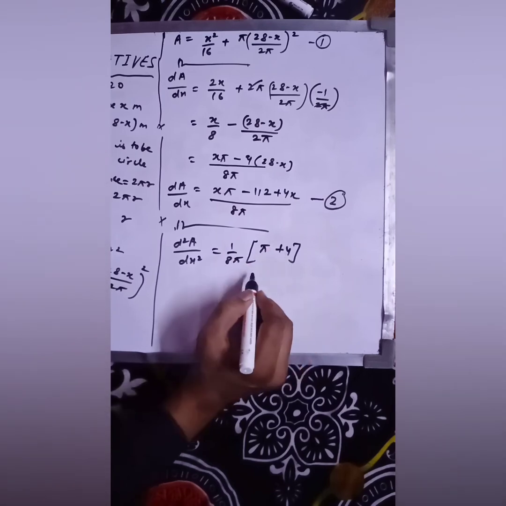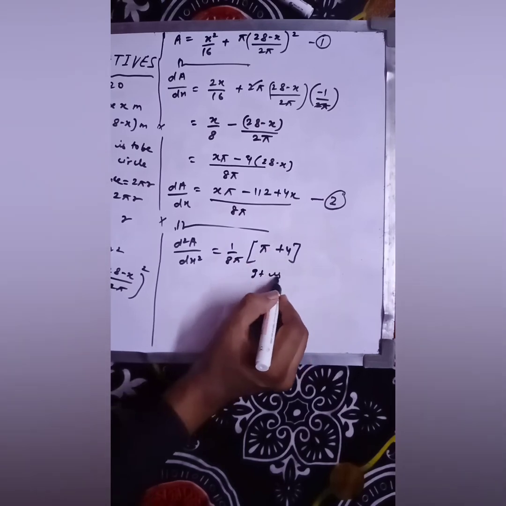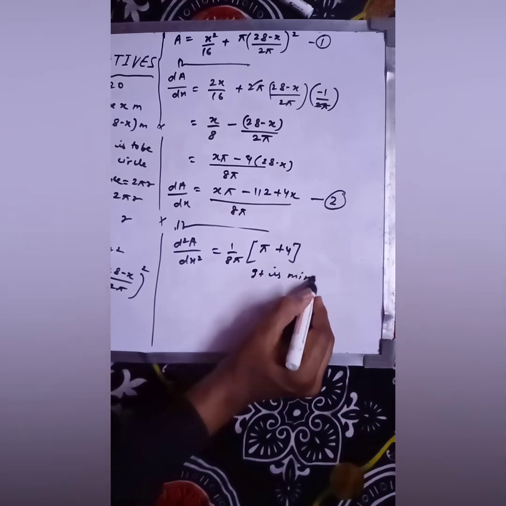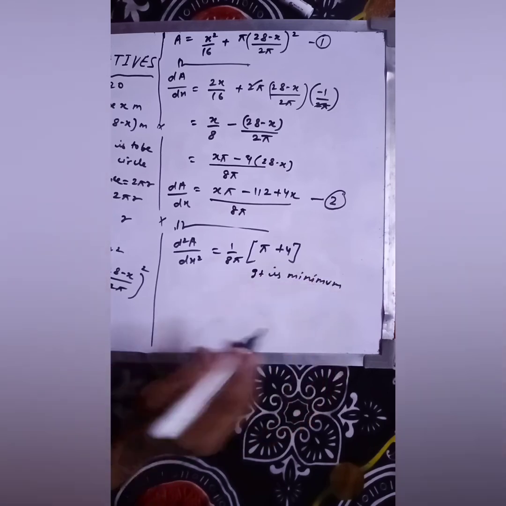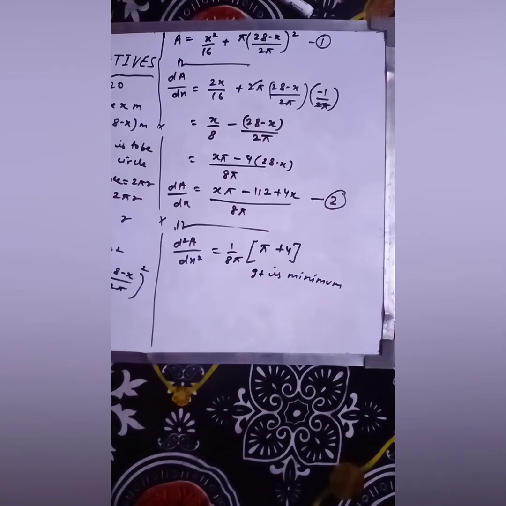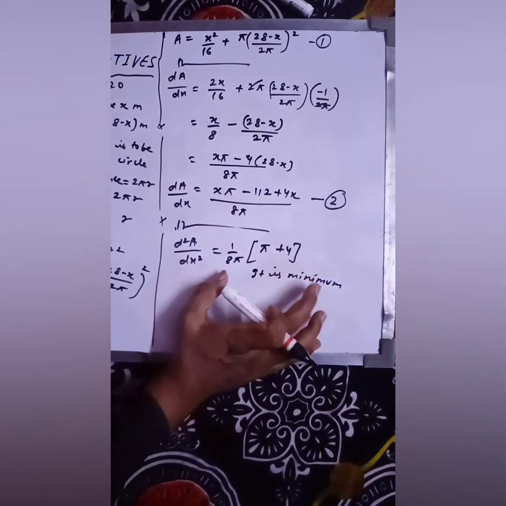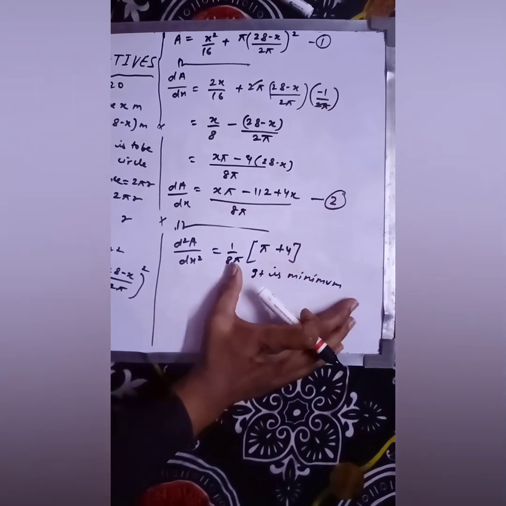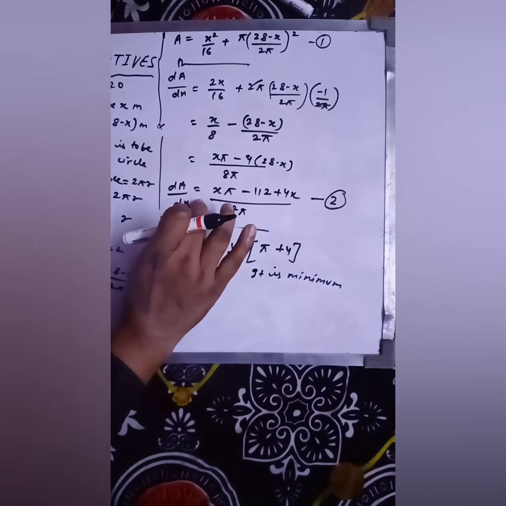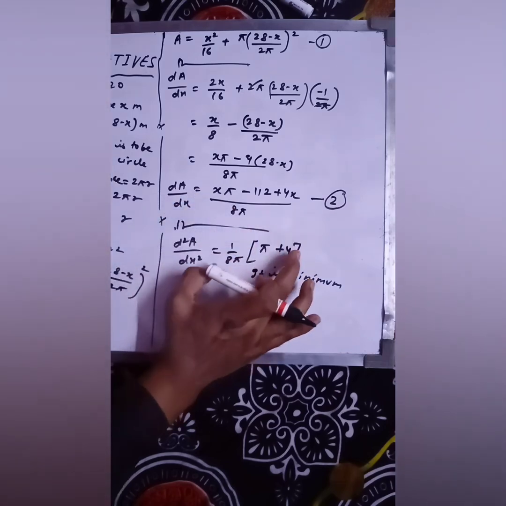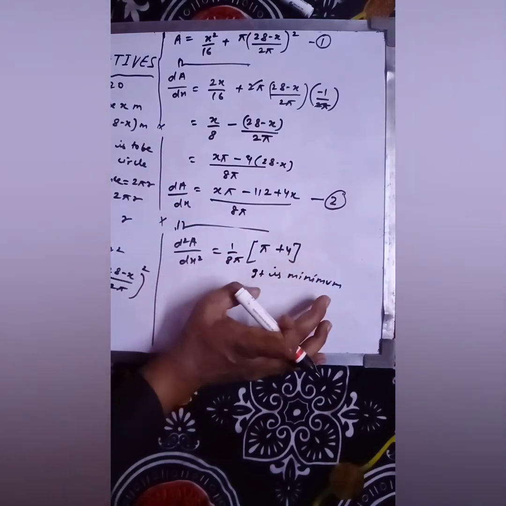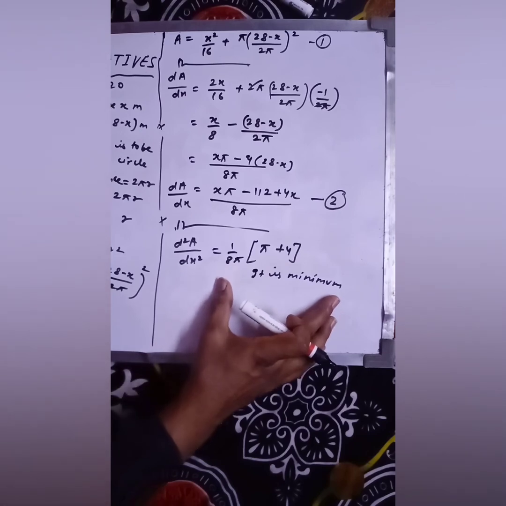This is a positive value, so it is minimum. The double derivative is positive, so it is minimum. Fine. No need to put the value of x in this equation because x is not coming here. So directly we can say that it is minimum.